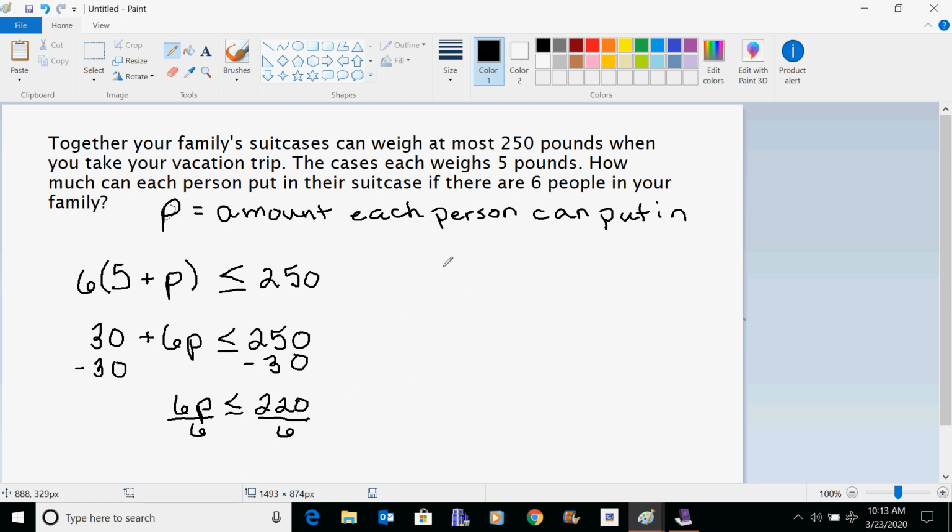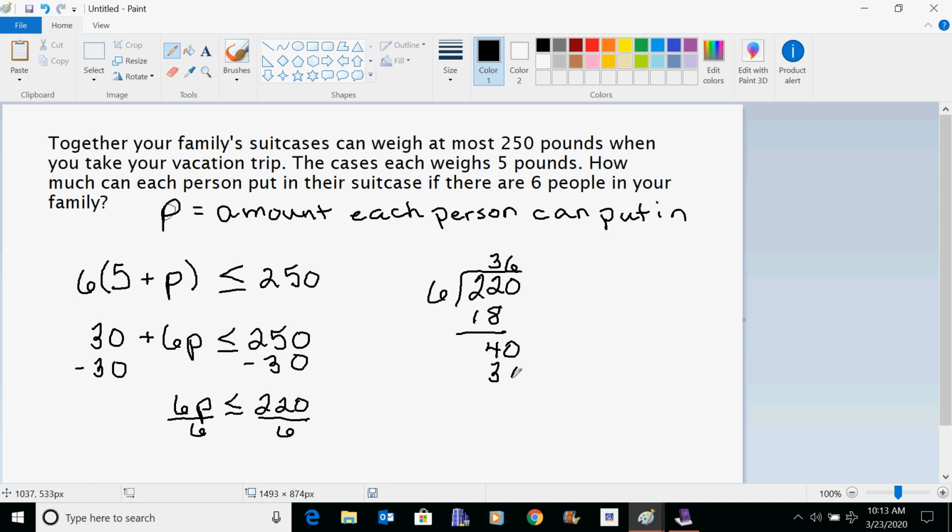And we'll have 220 divided by 6. Let's do 6 times 3 is 18. That gives us 4. 6 goes into 46 6 times.